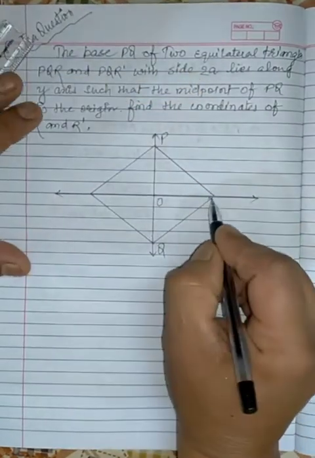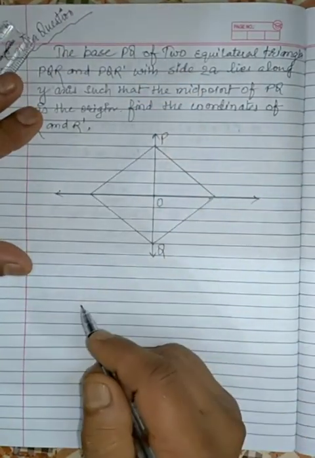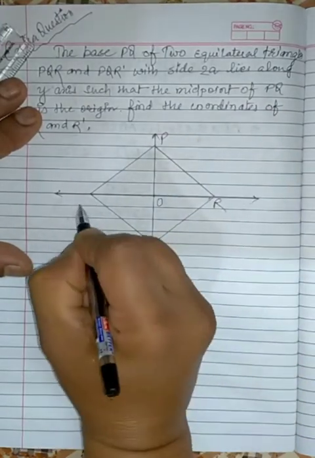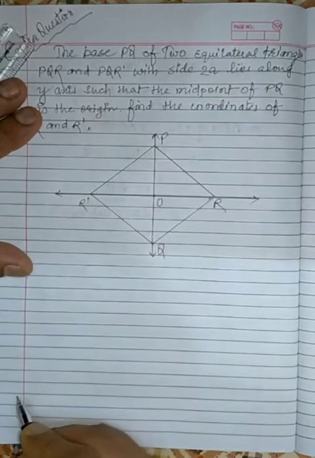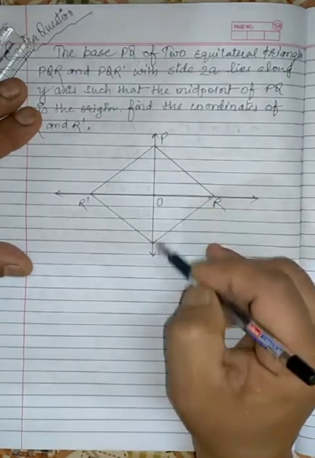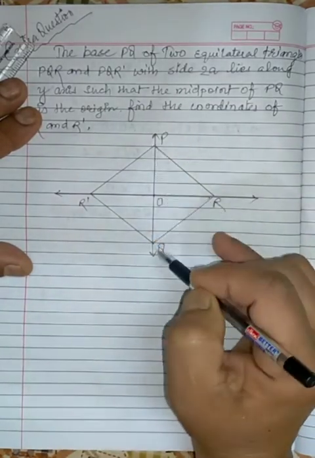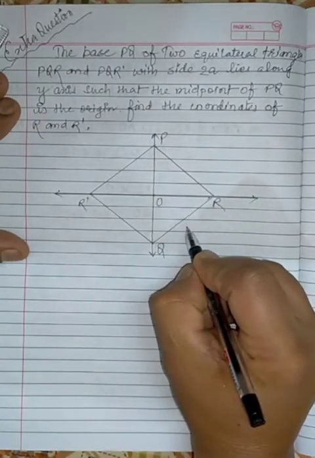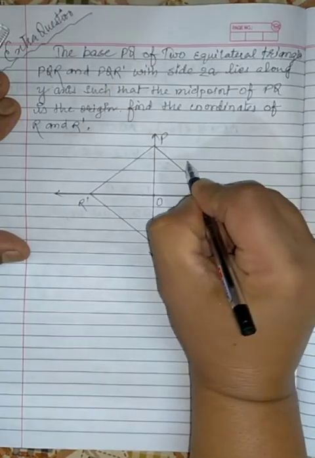And this is another equilateral triangle on another side of PQ. Let this be R and this be R dash. So we have triangle PQR and triangle PQR dash, both are equilateral triangles, and the sides we are given 2A.